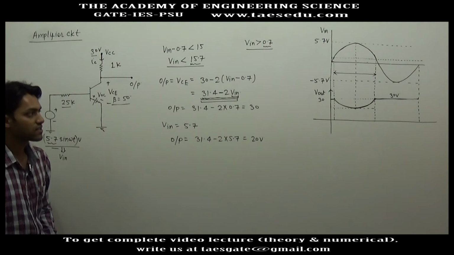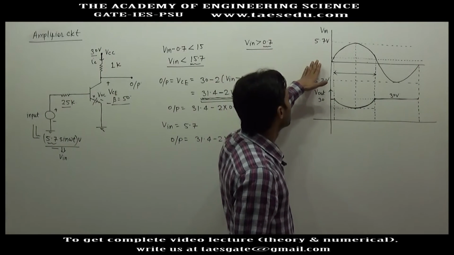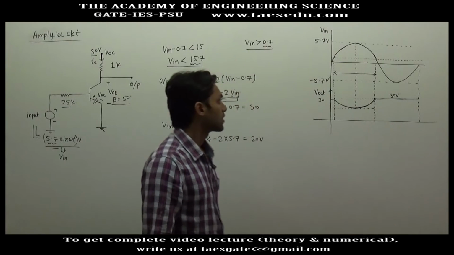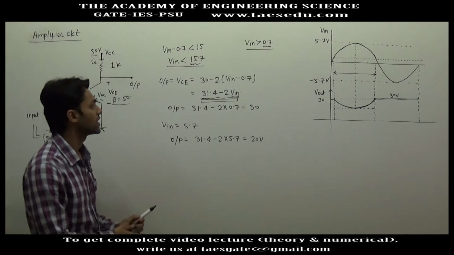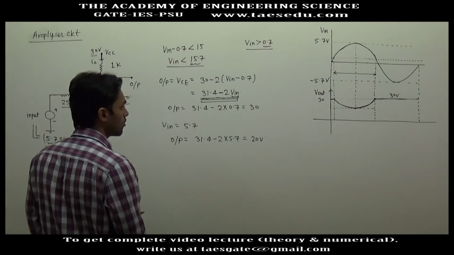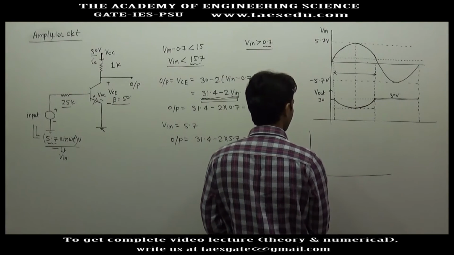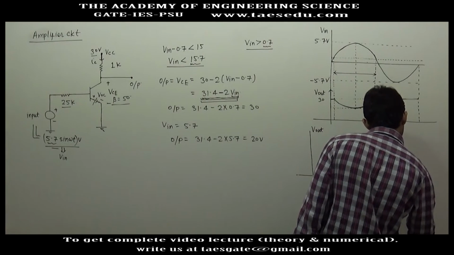So in transfer characteristic, instead of drawing graph between input voltage and time and output voltage and time, we draw the graph of output voltage versus input voltage. On y-axis we have output voltage, and this is input voltage.